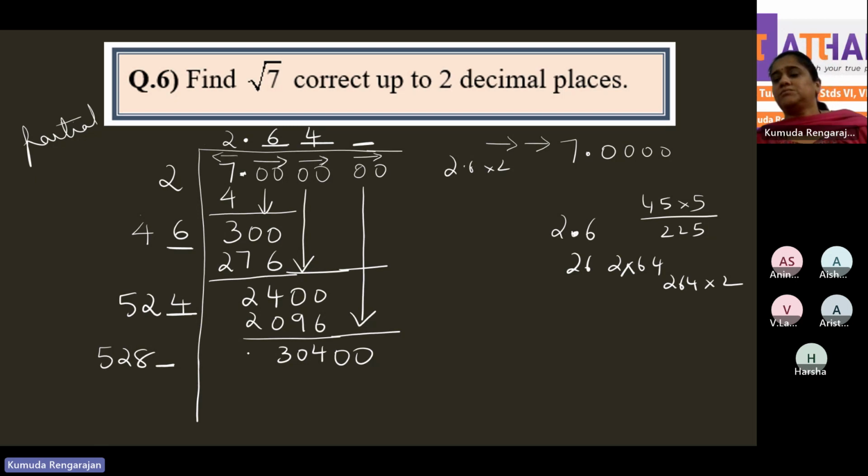Find out this digit. Five. What's the product? 5, 2, 8, 5. 2, 6, 4, 2, 5.